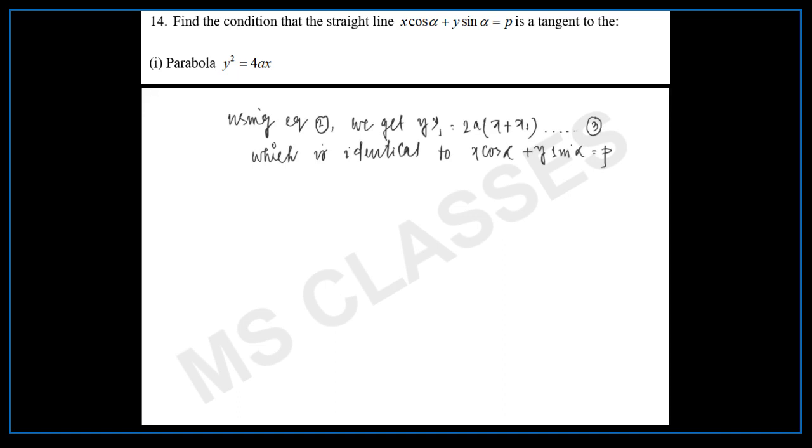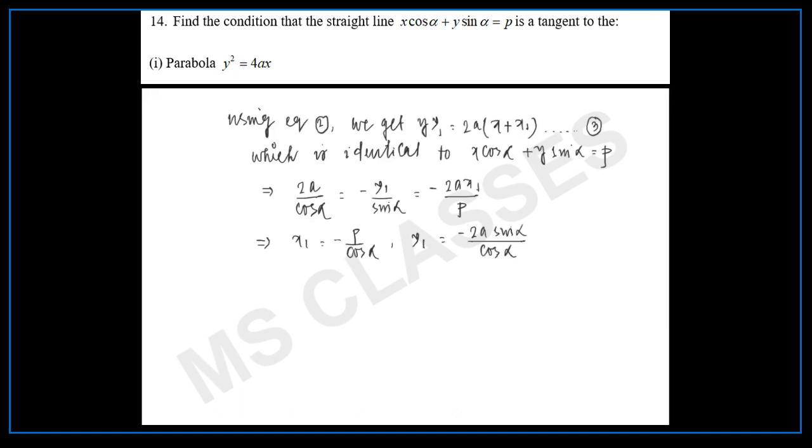Now, on comparing the coefficients, we get 2a by cos alpha equal to minus y1 by sin alpha equal to minus 2a x1 by p. This implies x1 equal to minus p by cos alpha, y1 equal to minus 2a sin alpha by cos alpha.